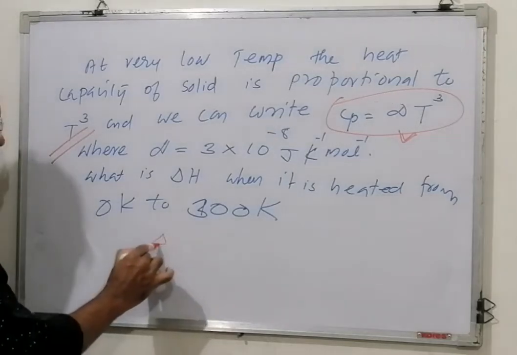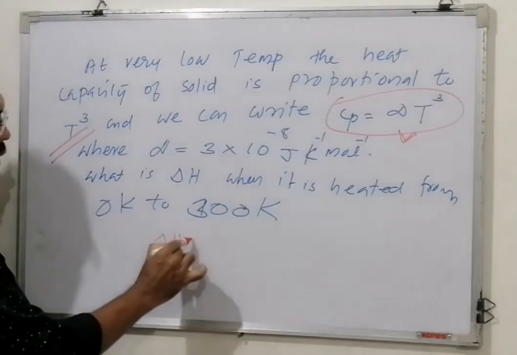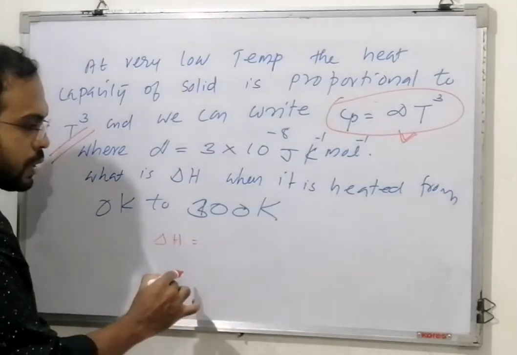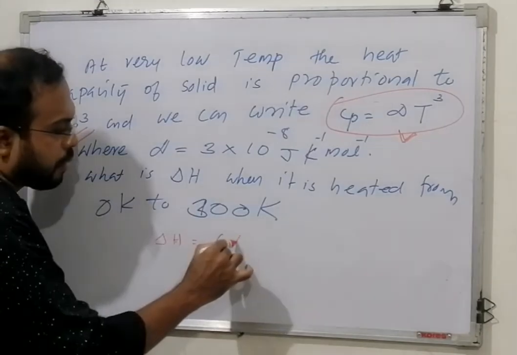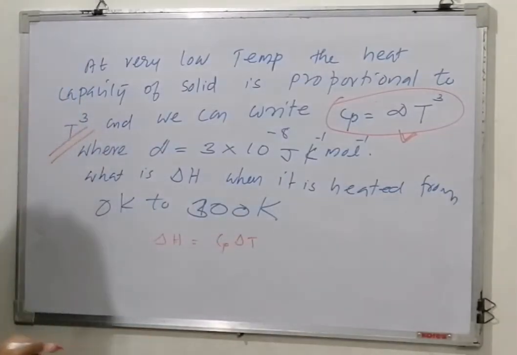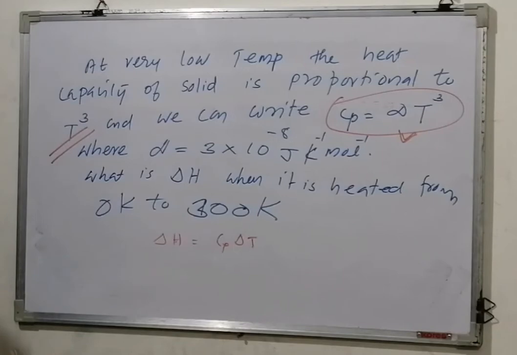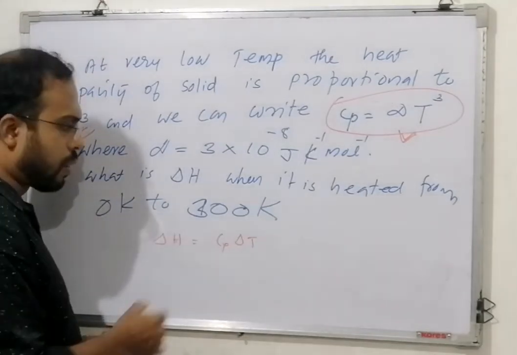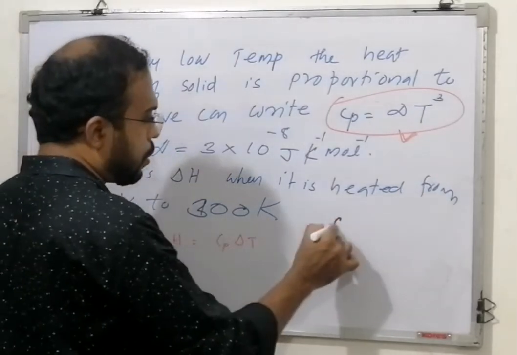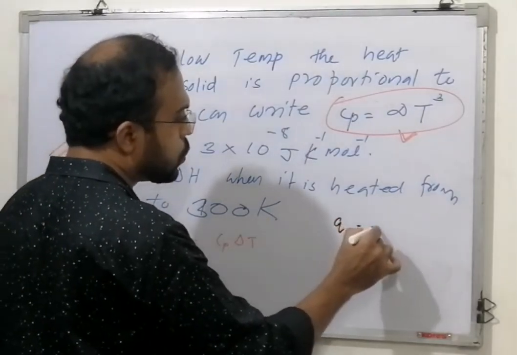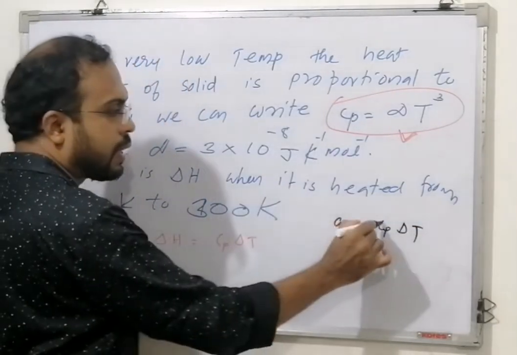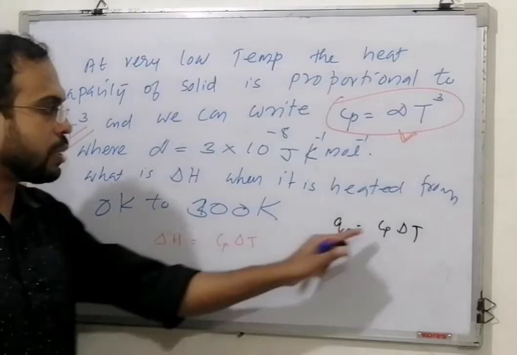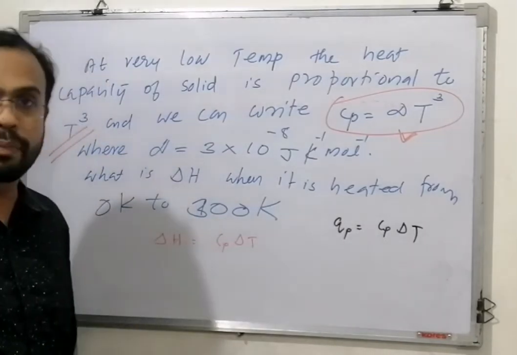Delta H, and heat capacity changes with temperature. Delta H is equal to Cp delta T, or Qp is equal to Cp delta T. Here Cp is the general heat capacity, not specific heat capacity.